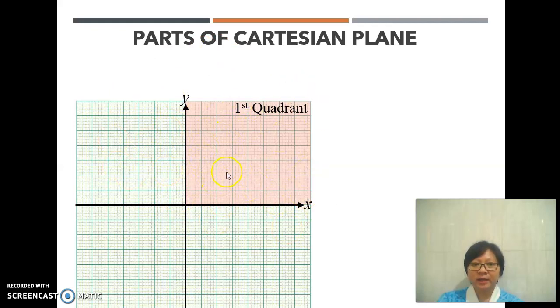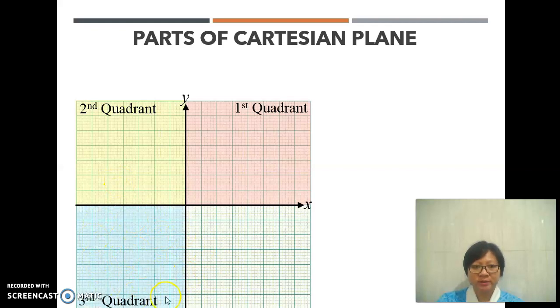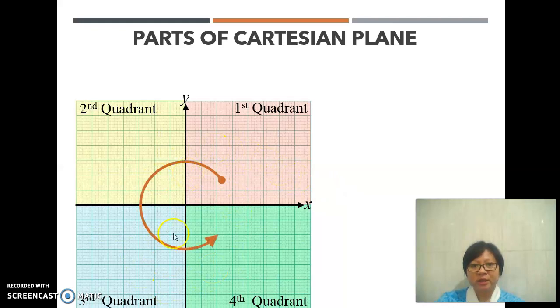And then in anti-clockwise direction, this is the second quadrant, and then this is the third quadrant, and then this is the fourth quadrant. So we label the Cartesian plane in anti-clockwise direction: first quadrant, second quadrant, third quadrant, fourth quadrant.